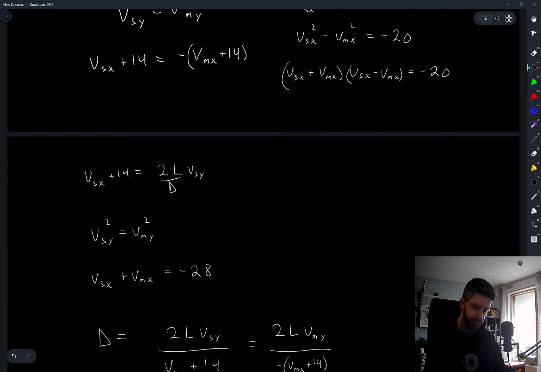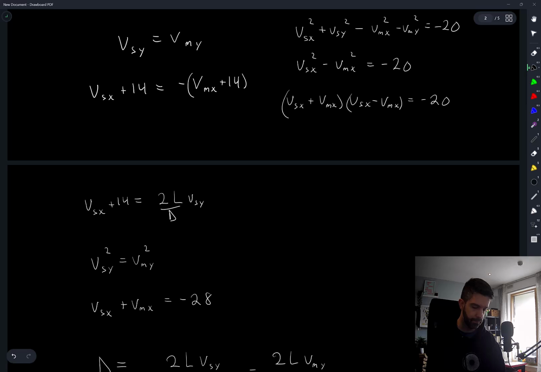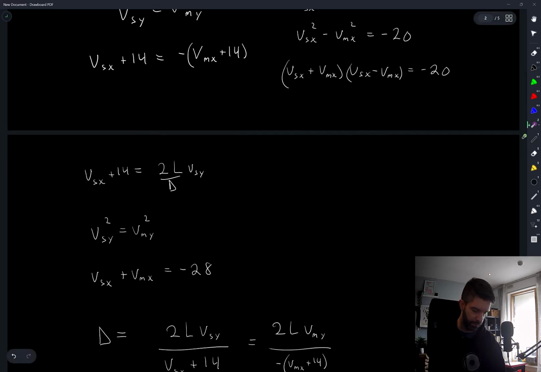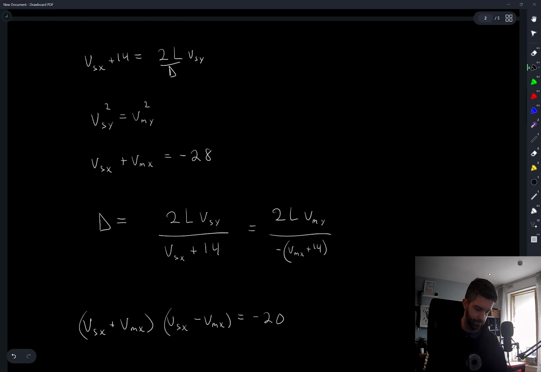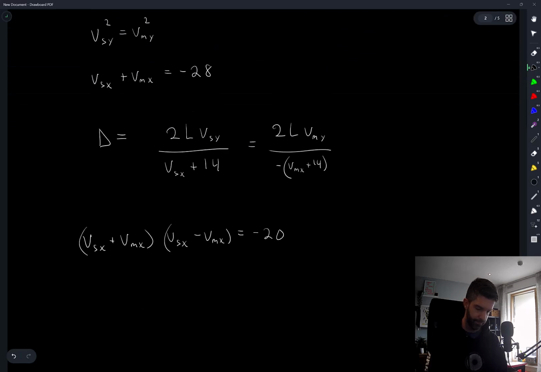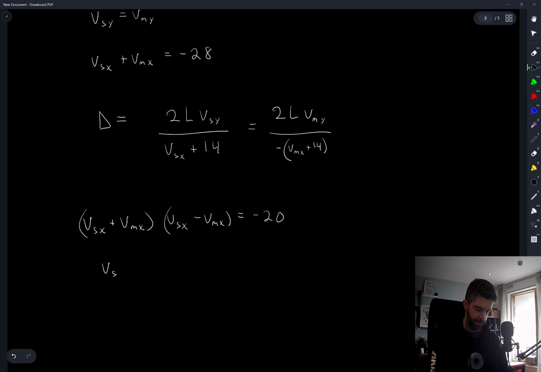Okay. I know the sum of these is negative 28. So I have Vsx minus Vmx is equal to 20 over 28.